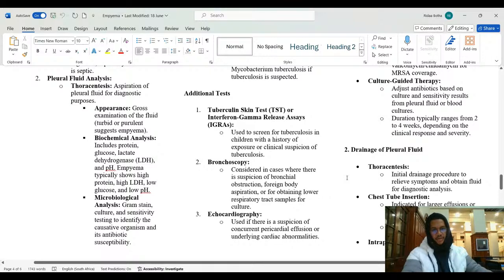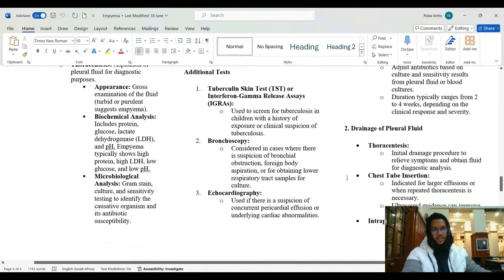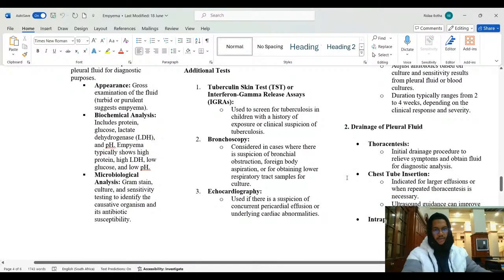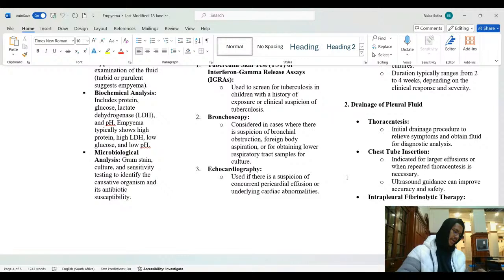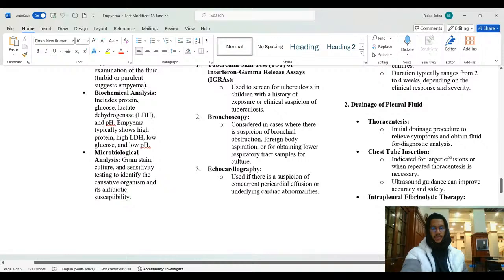Bronchoscopy is for any foreign body aspiration. Then an echo if there is any pericardial effusion or underlying cardiac problems, plus or minus ECG.